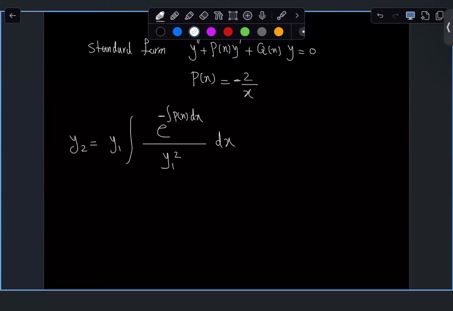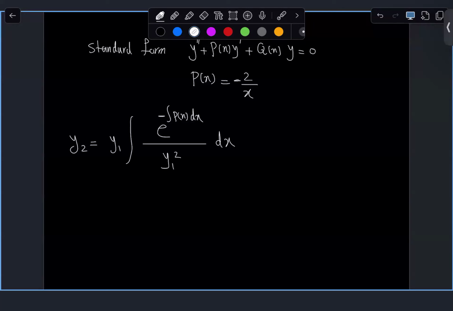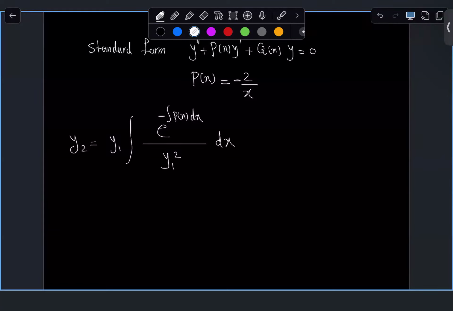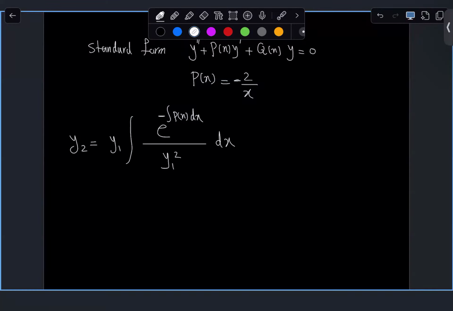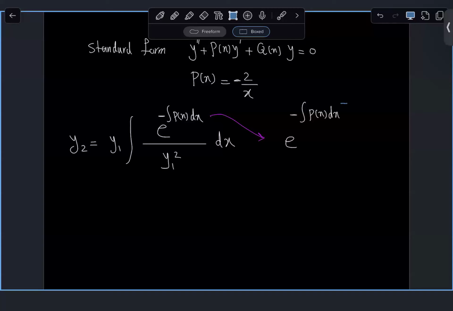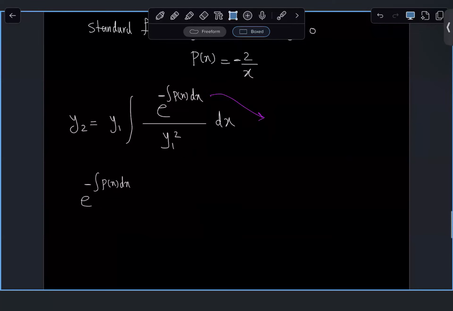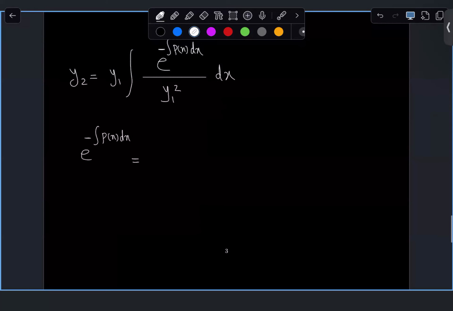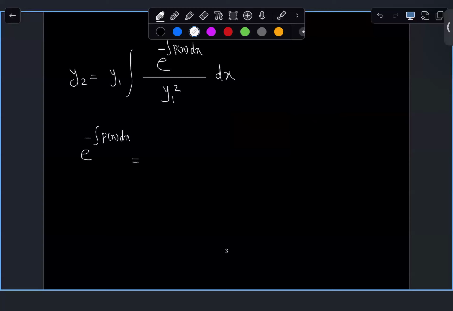Then once I find it, I plug it in here because it can get a little messy. Done.